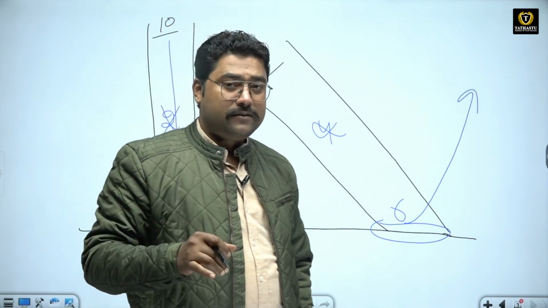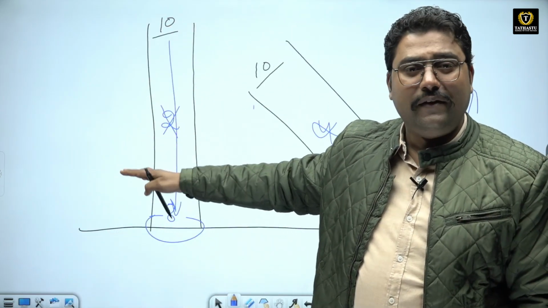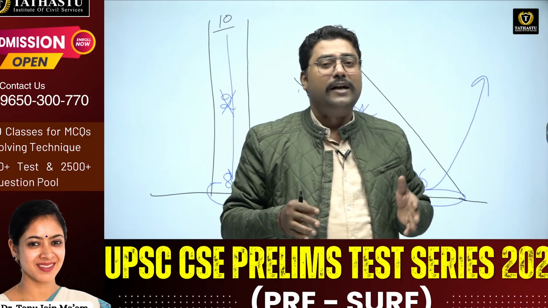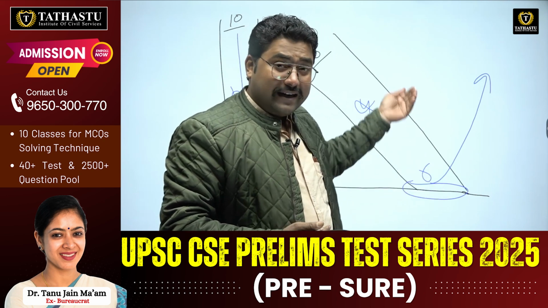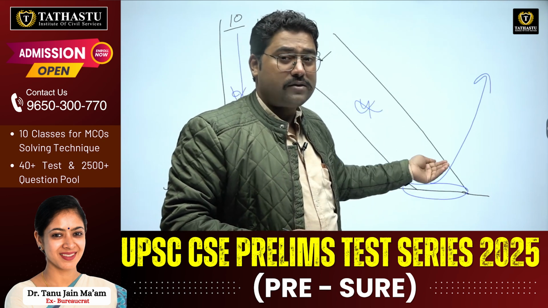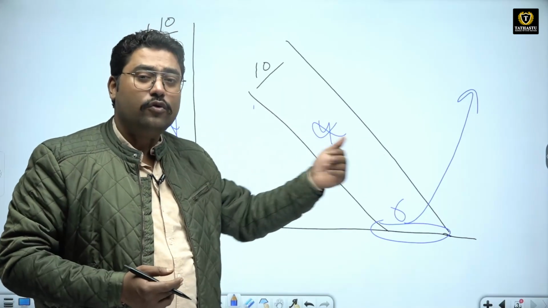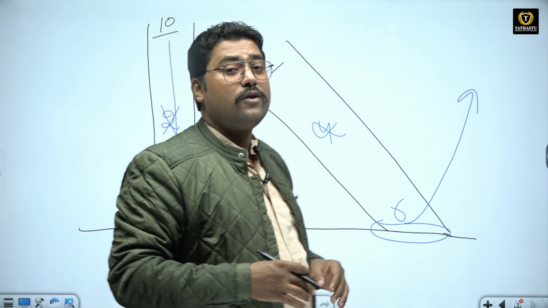This means the vertical rays are receiving more and losing less, so ultimately the energy surplus will be there. Oblique, receiving and loss both are equal, so neither too hot nor too cold. And horizontal, only loss is there, no receiving.